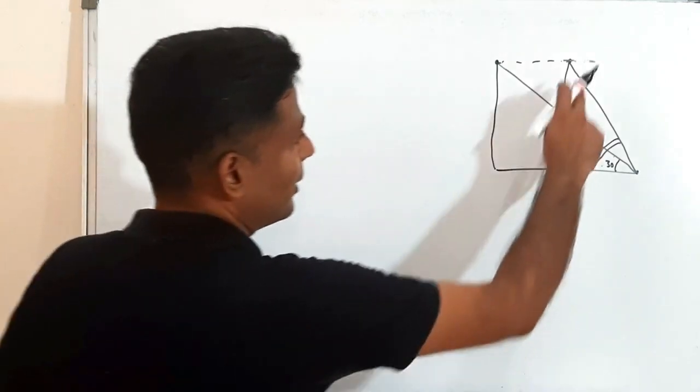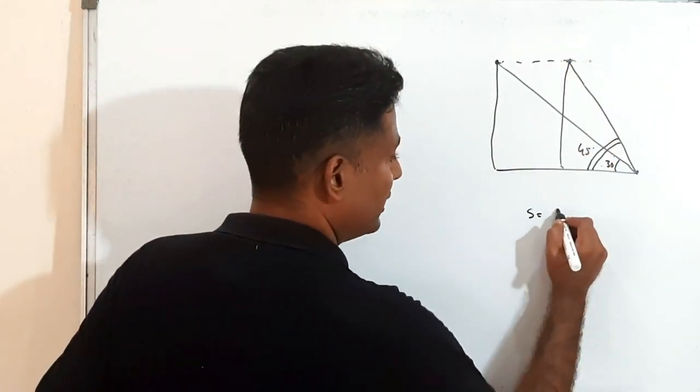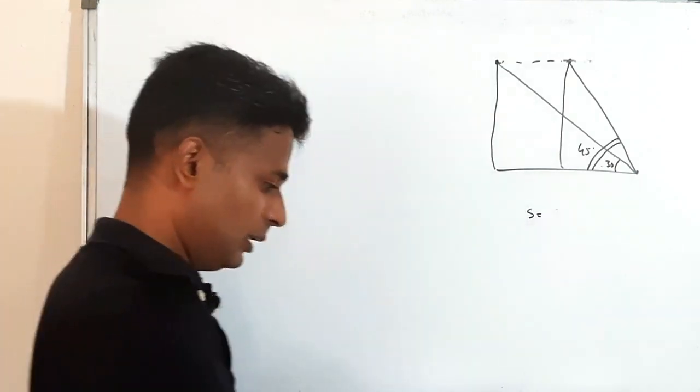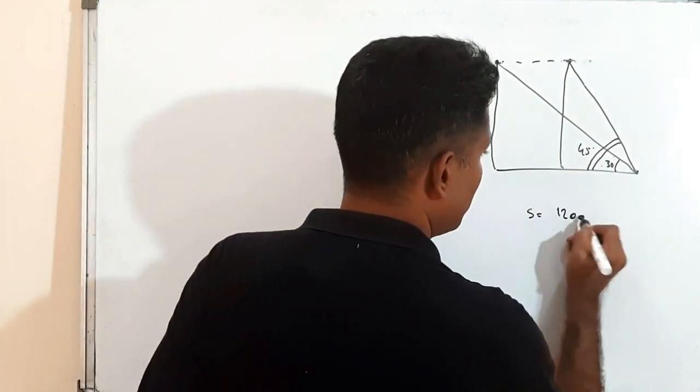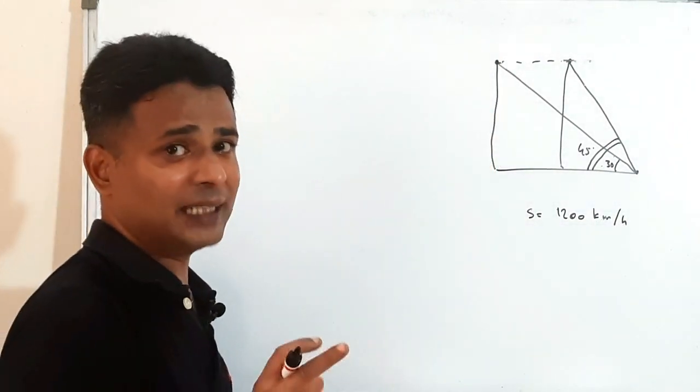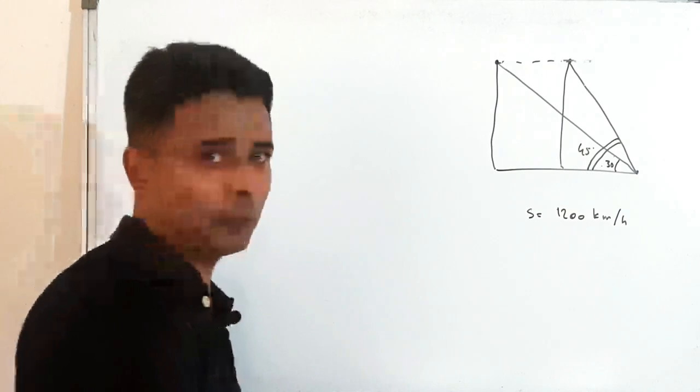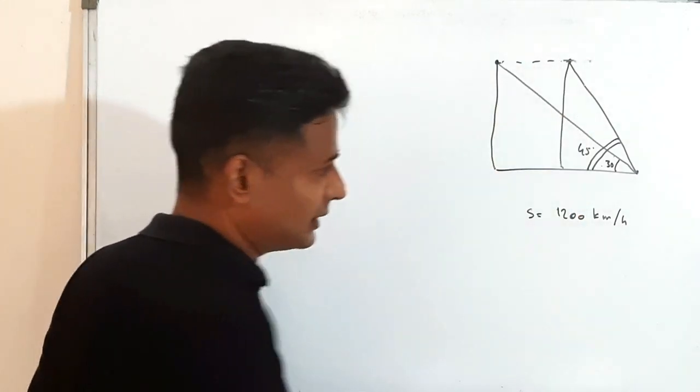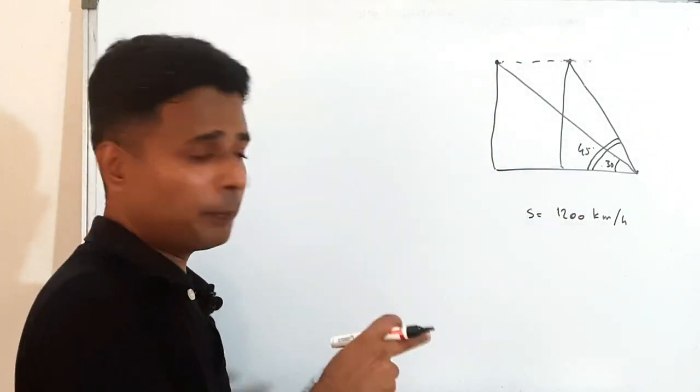Now guys, what is the speed? The speed of the jet was 1200 km per hour. But they have given us time in seconds and we have to find height in meters probably. Since they have told us 15 seconds, we'll convert this to meters per second.